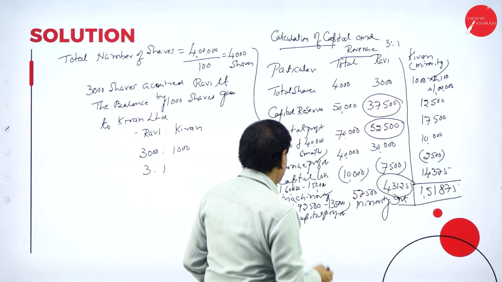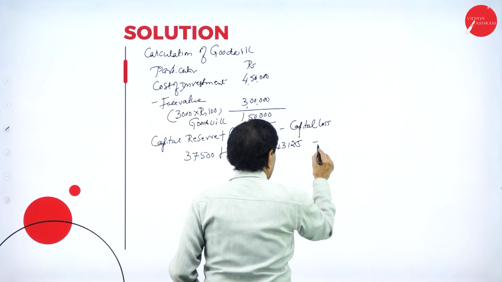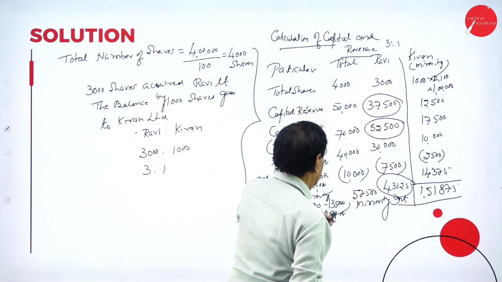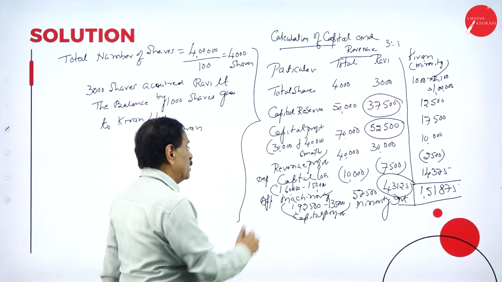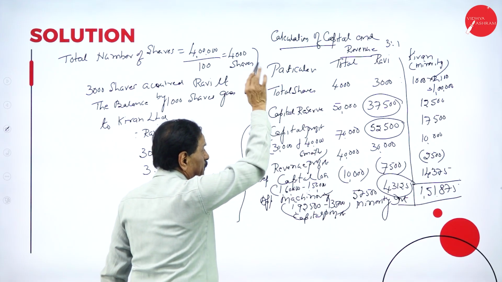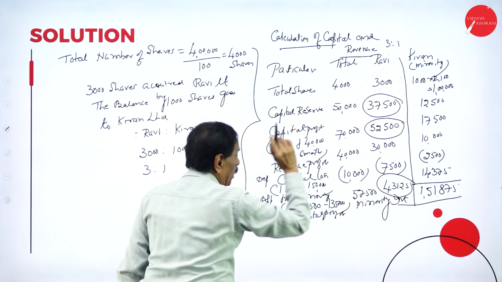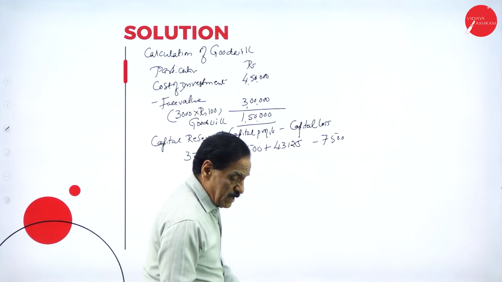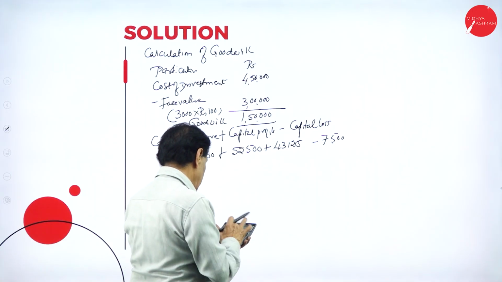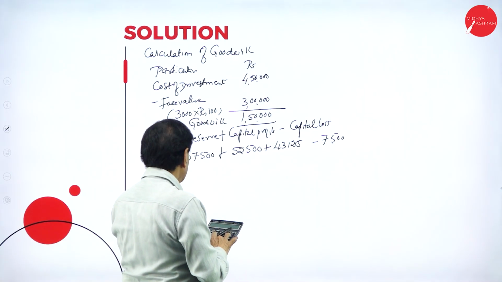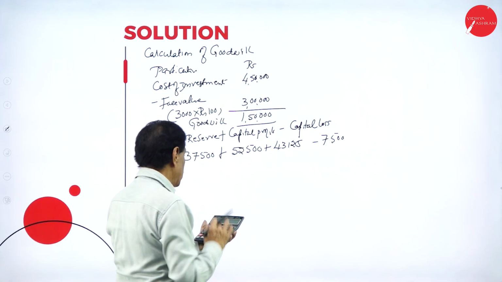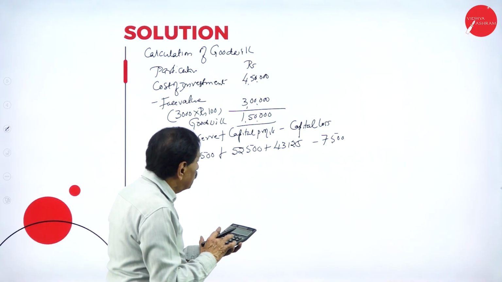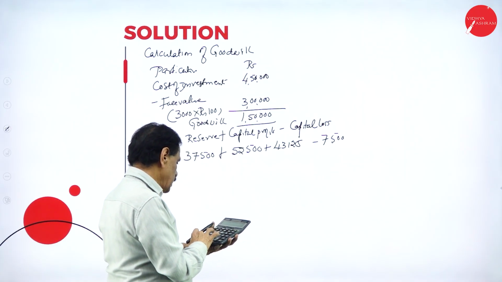Minus capital loss. What's your capital loss? 7,500; 2,500 goes to minority. The total capital loss is 10,000, and for Ravi, that is 3 by 4, 7,500. Now add this: 37,500 plus 52,500 plus 43,125 minus 7,500.